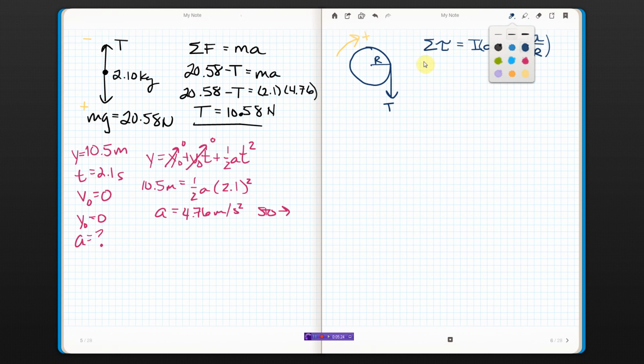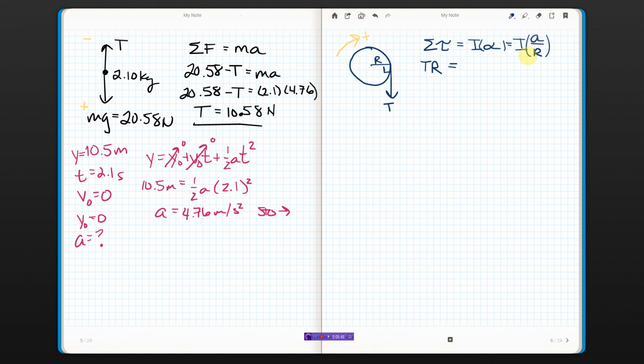So on the net torque side, there is only one torque, and that torque is the force T times the distance from the pivot at which it was applied, which is r. It would cause it to turn in the positive direction, so this is a positive torque, and it makes a right angle, so there is no sine. So the left-hand side is simply TR.